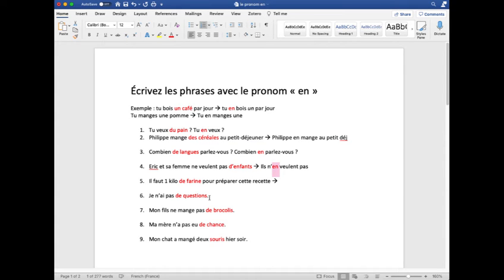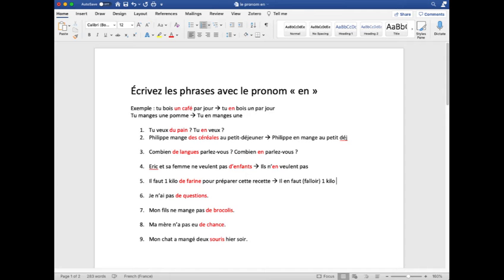Il faut 1 kilo de farine pour préparer cette recette. Okay. Again, here you're replacing farine. You still want to keep the 1 kilo to make it very obvious, right? Il en faut 1 kilo, remember faut is the conjugated form of falloir.